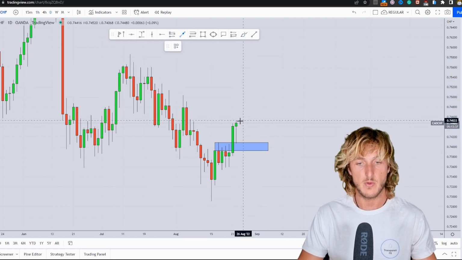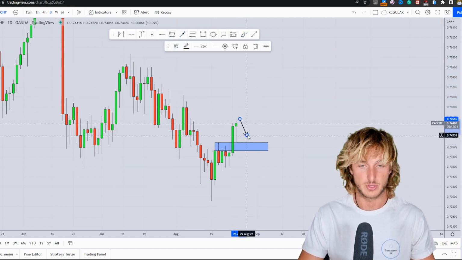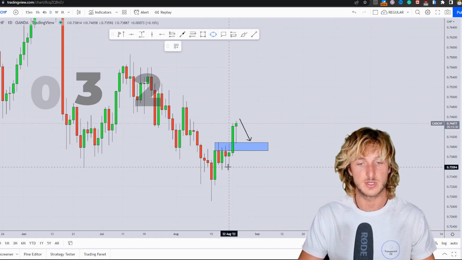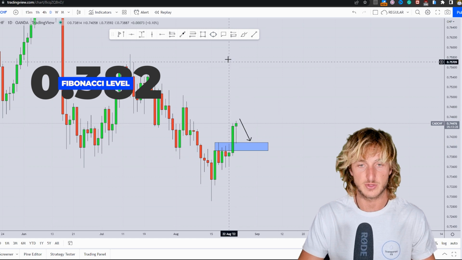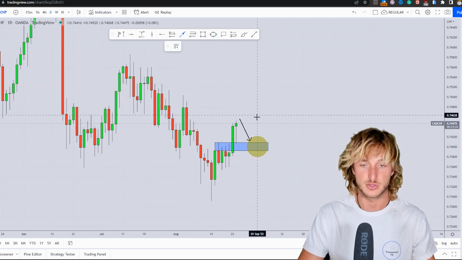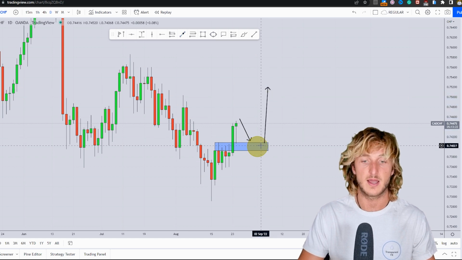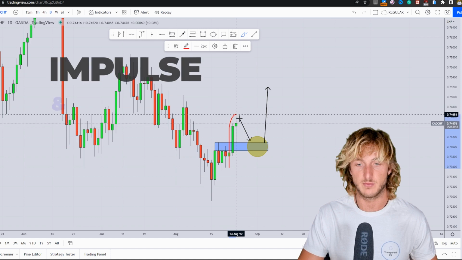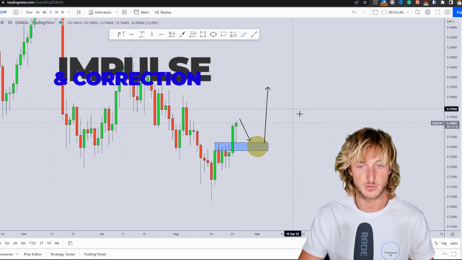So if we have a correction here, potentially also to retest previous resistance and support, or at least to the 0.32 of the Fibonacci taken on this daily impulse, at that point what we could do is look for a potential rejection to the upside and for the creation of a higher low and completion of the impulse correction and impulse pattern to the upside.